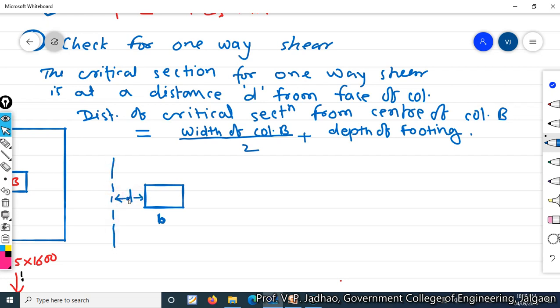So the distance from the center of column to the critical section will be this plus this. We have this distance as small d and b by 2, or width of column divided by 2. So this will be equal to b by 2 plus d.